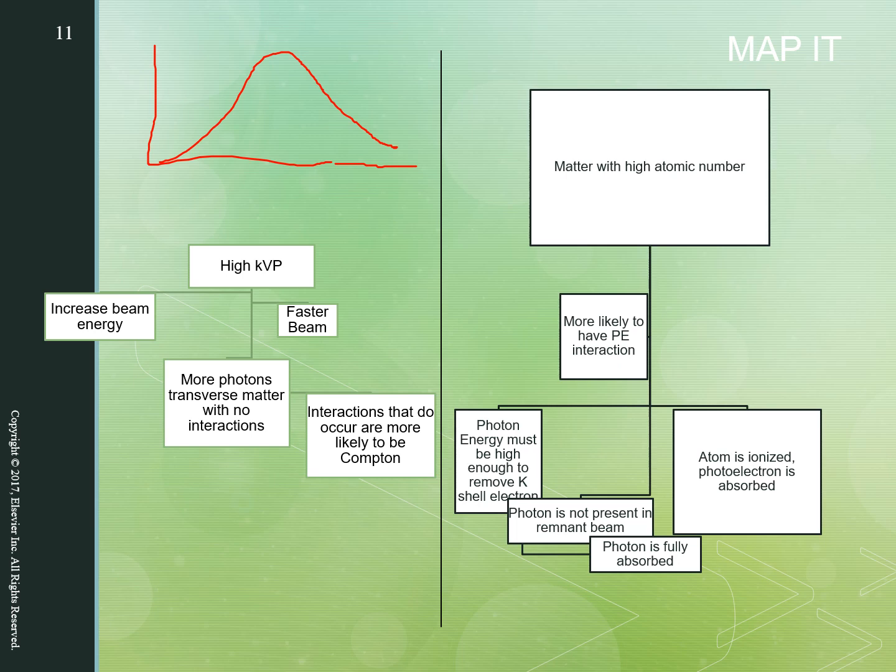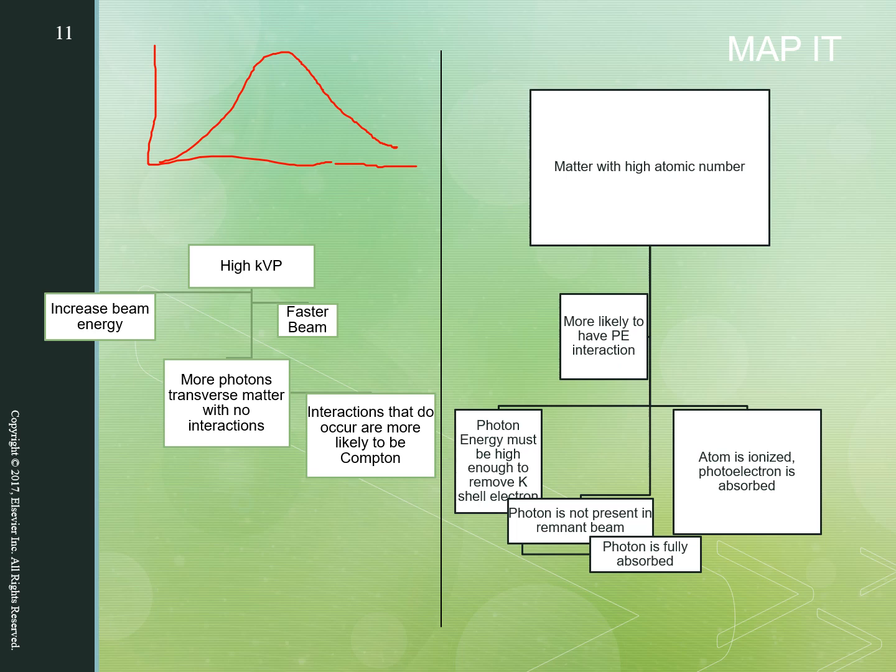So high kVp increases beam energy, and makes it not necessarily a faster beam, because we know that it's traveling at the speed of light, but a higher energy, more transmittable beam, so that we're going to have more penetration, less absorption. With these high kVp beams, more photons traverse the matter without any interaction because their wavelengths are smaller than even the electrons.